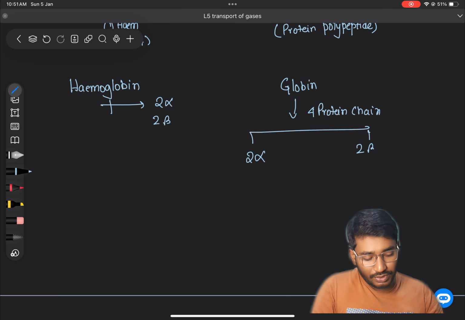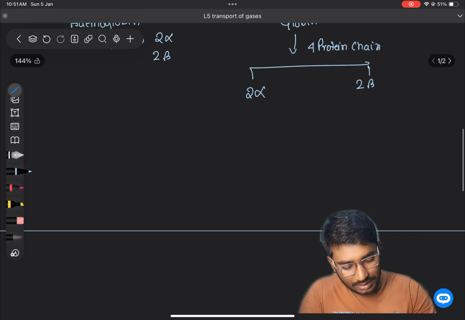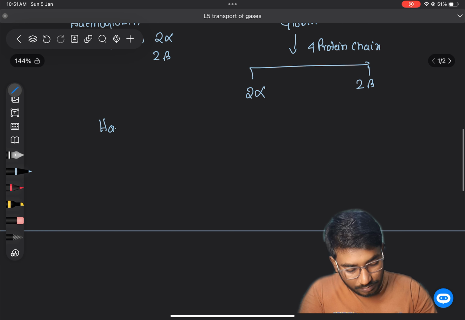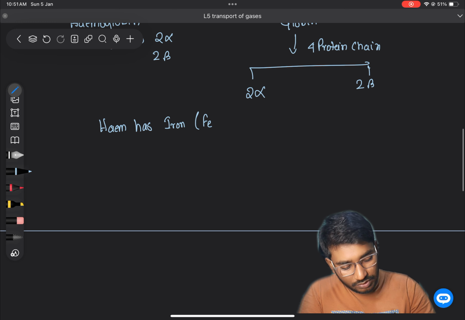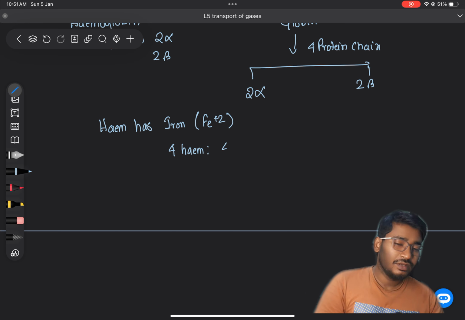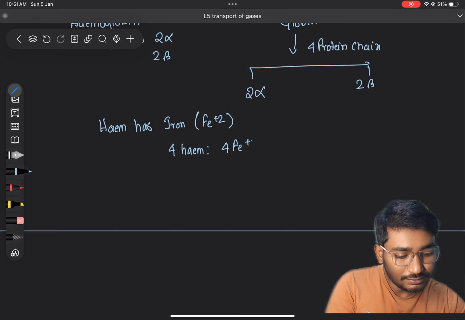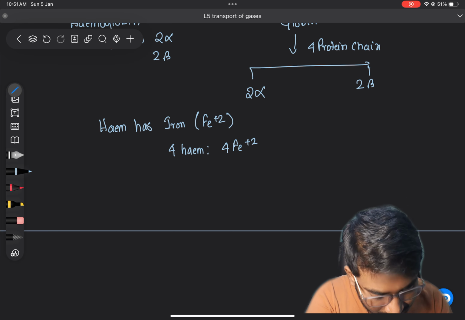Heme has an iron component, that is Fe2 plus. So 4 heme consists of 4 Fe2 plus components.